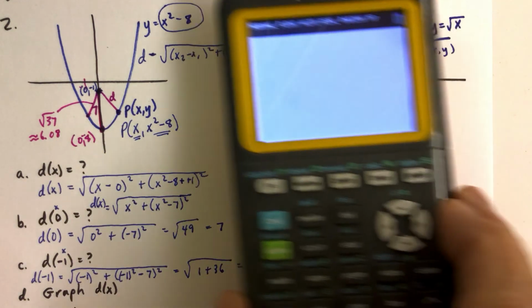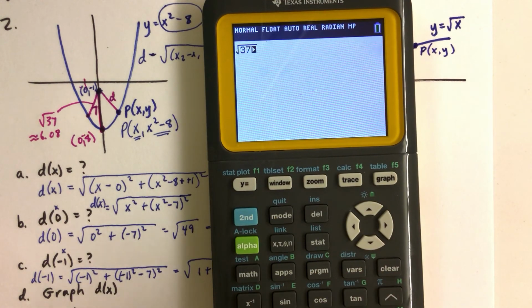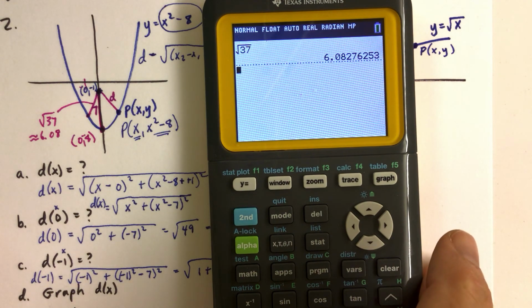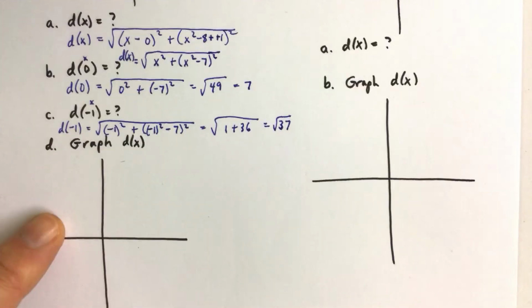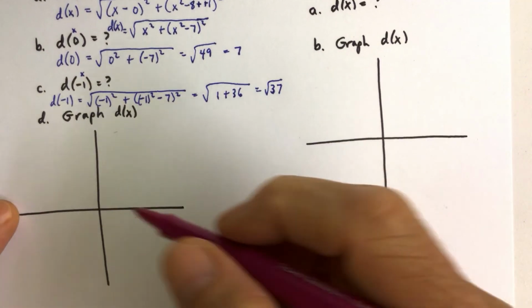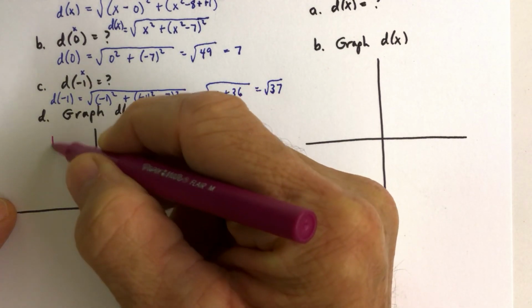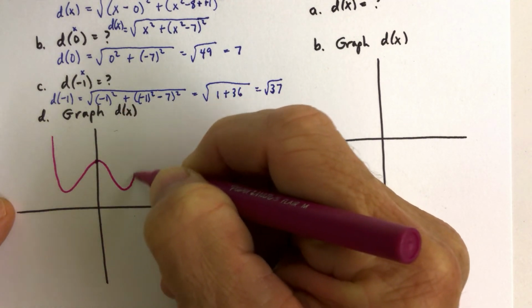Just to confirm, the square root of 37 should be 6.08. Yep, so that's what we got. Anyway, we had 0, 7. It kind of came down like this, went up and around. So there you go.